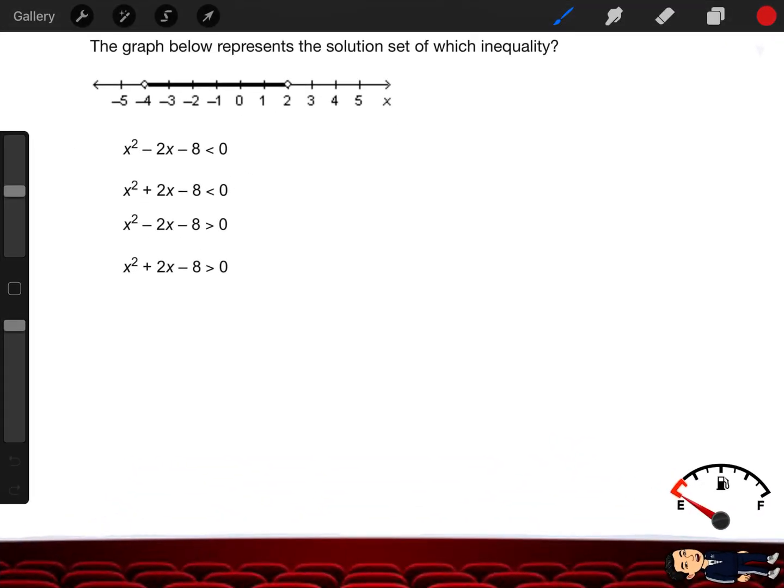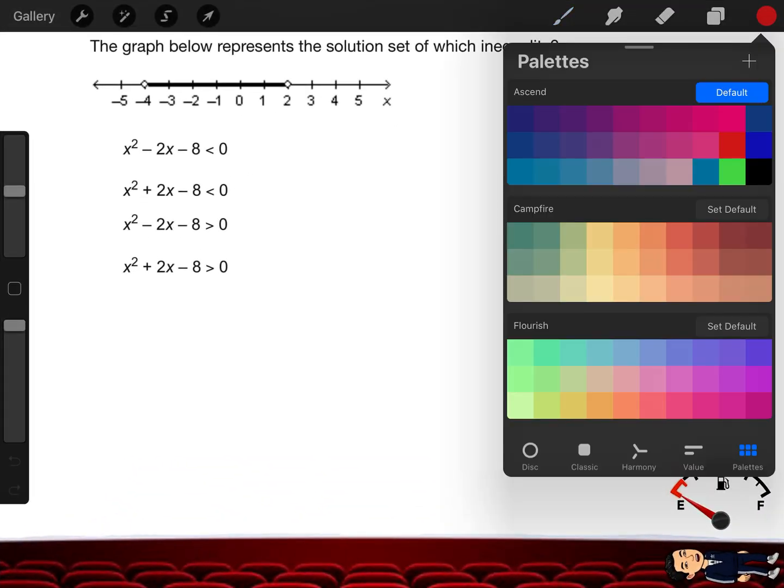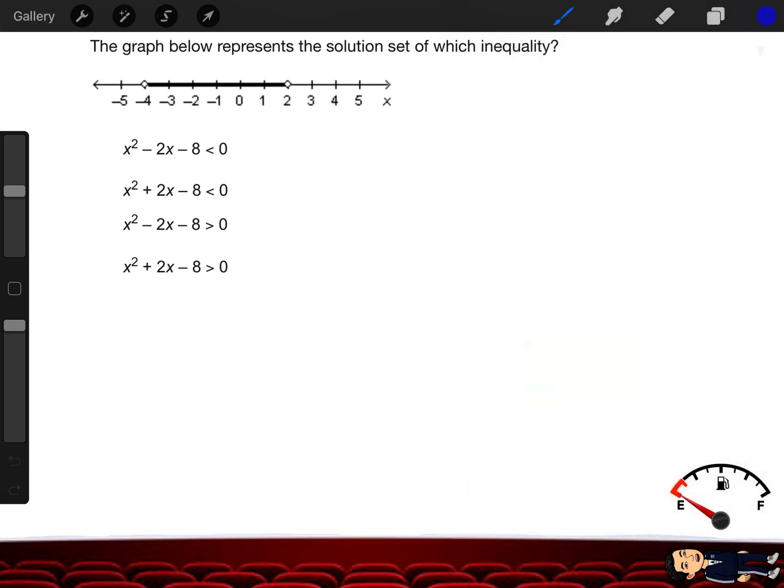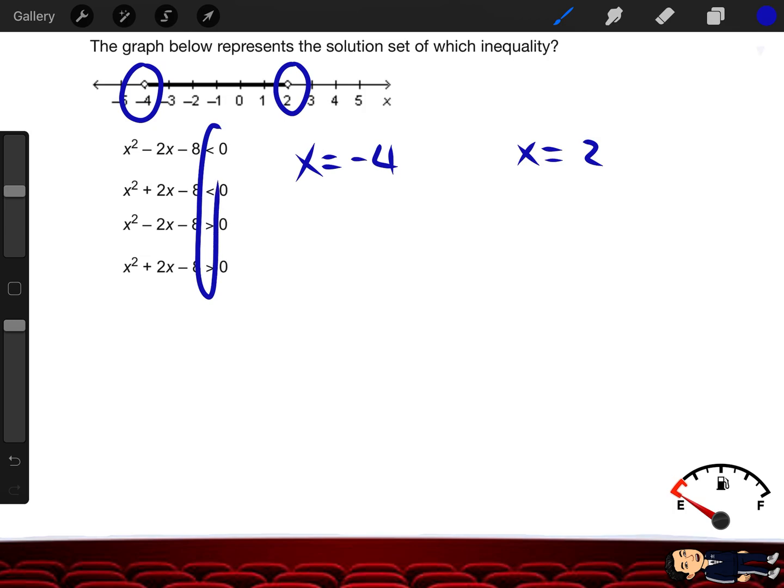All right, so let's look at the next one. These are your critical points. The critical points are x equals negative 4 and x equals 2. There are open circles, so you're about to see inequality symbols without the equal sign.